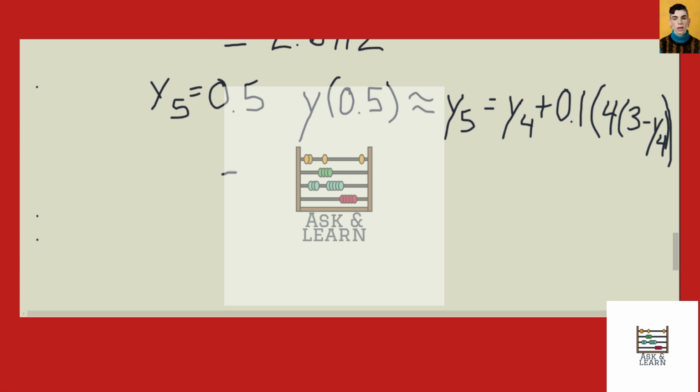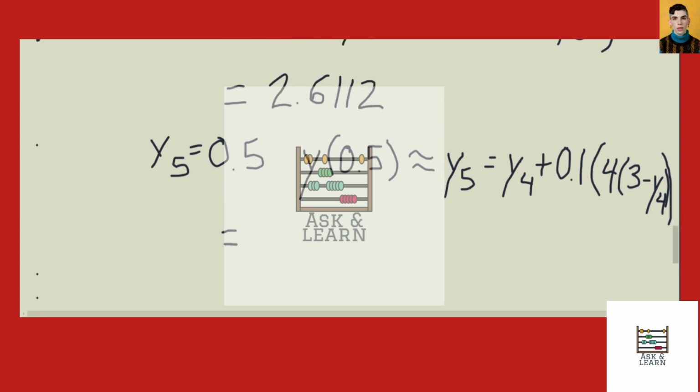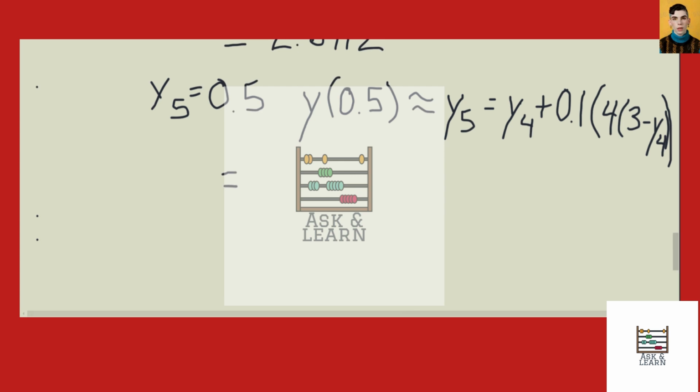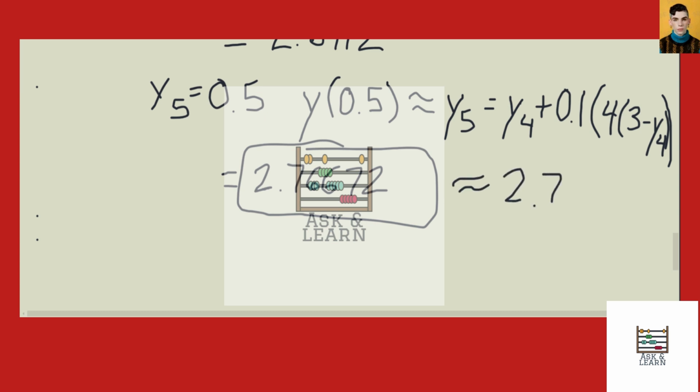And this is equal to 2.76672. So this is our approximation to y(0.5), which can also be written more briefly as 2.77.